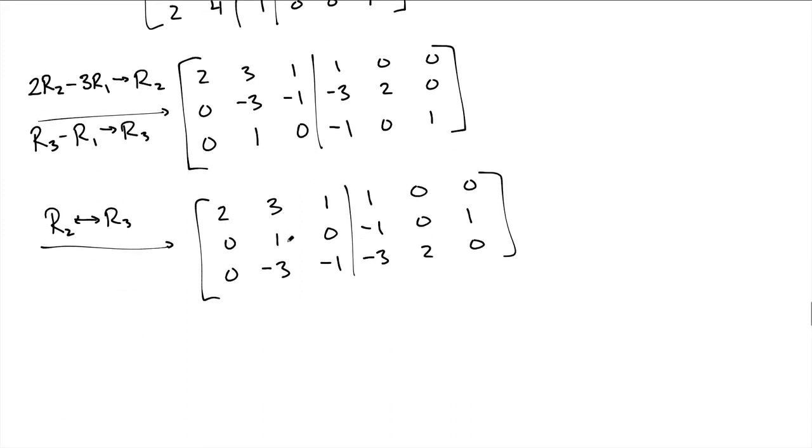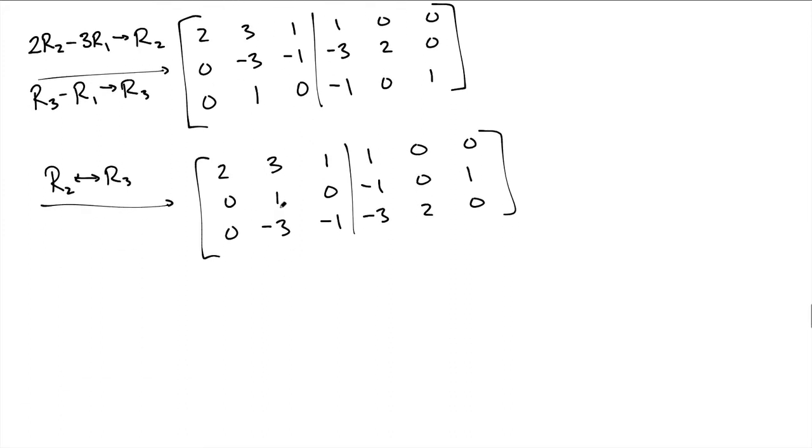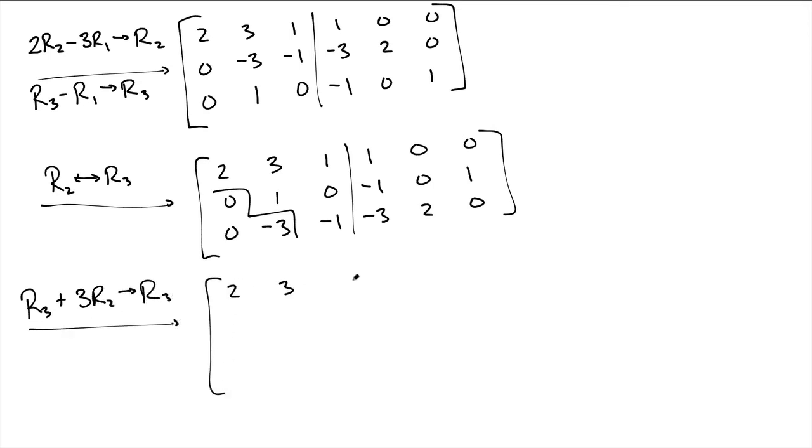Okay, so now I've got that 1 there, and I can easily use that 1 to get rid of the negative 3 below. So I'll take row 3, which has a negative 3 there, and add 3 of row 2. That will be my new row 3. So my first row stays the same.